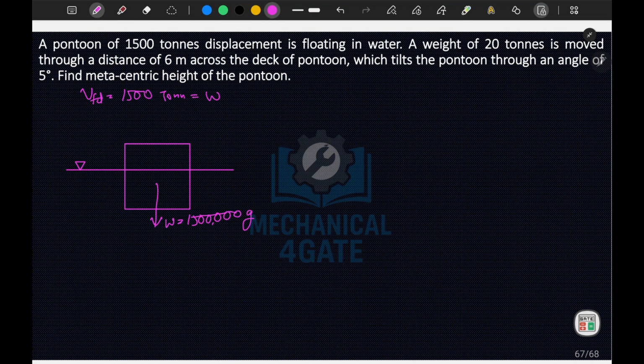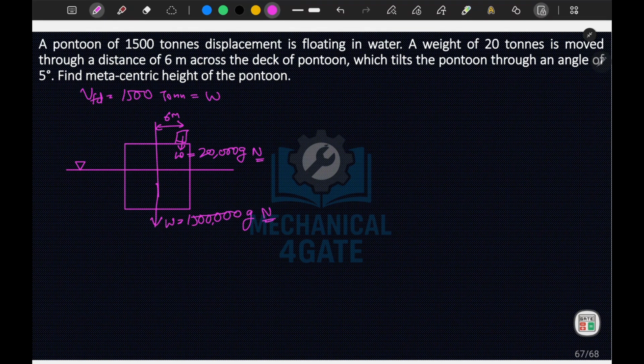Now what is mentioned? A weight of 20 ton is moved through a distance of 6 meter. Let's say this is your center of axis. A mass, let's say this is small w, is equal to 20,000 g Newton, moved through a distance of 6 meter across the deck of the pontoon.